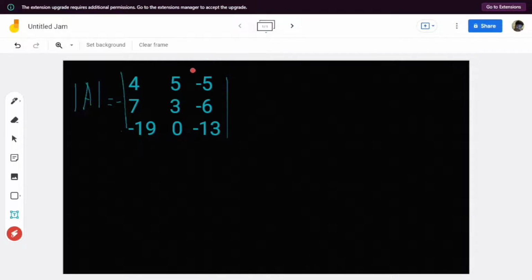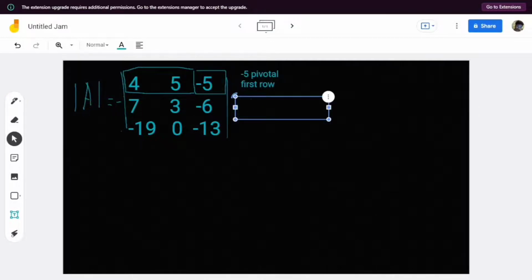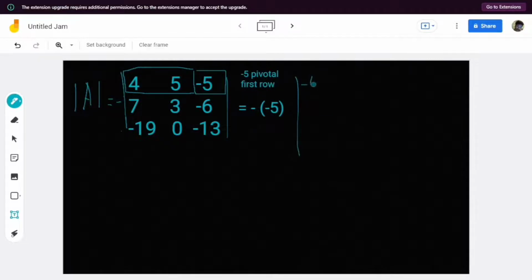So if I may choose, I'd like to use negative 5 and make it my pivotal element in the first row. Why first row? Because I noticed that there's another element 5 here, so that will make it 1 if I divide it. So I'm going to divide all these elements by negative 5, which means I'll be factoring out negative 5. I'll have to put a negative sign here, times I'll factor negative 5 in the first row. So that would be 4 divided by negative 5, that's negative 4 over 5.